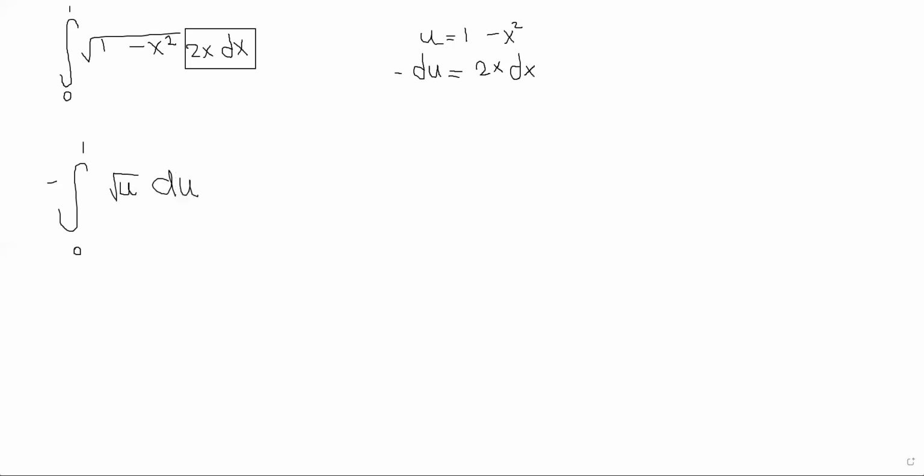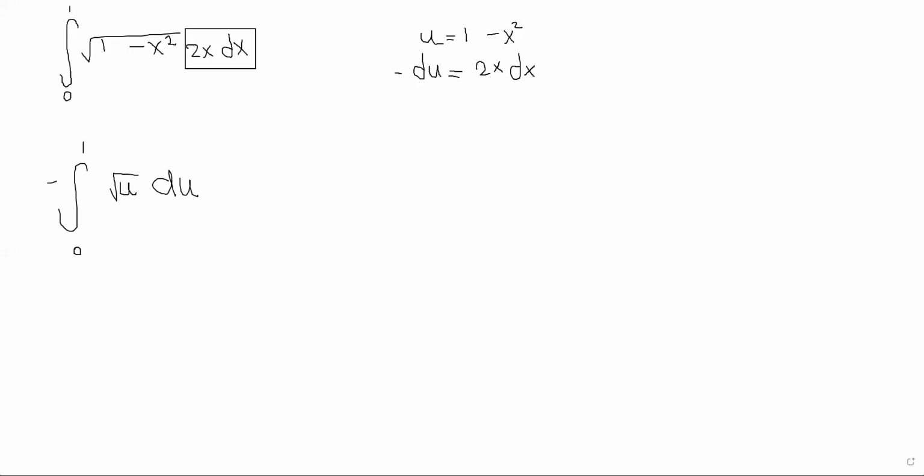So see if you can take it from here. Would this be where I substitute in our values for u and du?